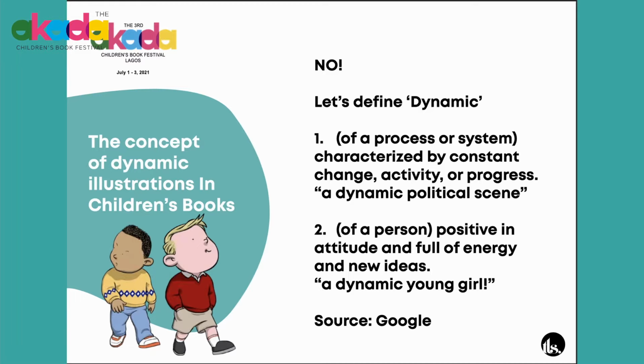So, for example, a dynamic political scene. And here is another example which relates to a person: positive in attitude and full of energy and new ideas. So an example is a dynamic young girl.